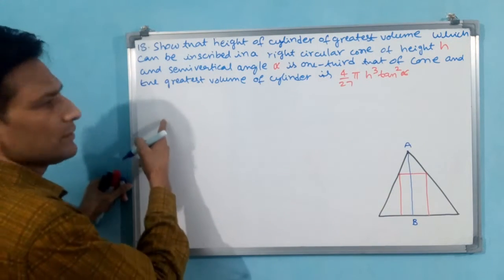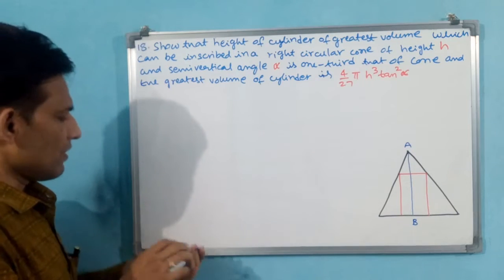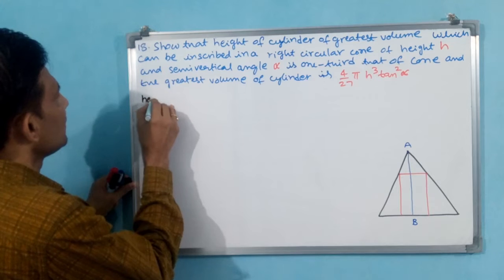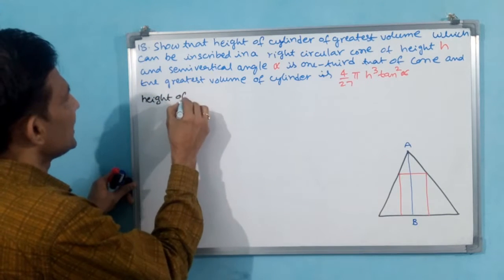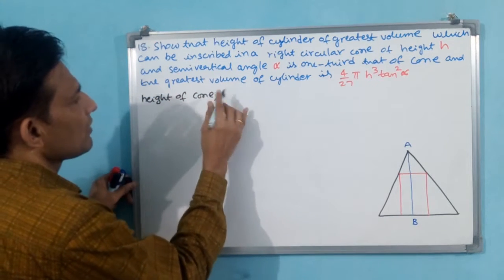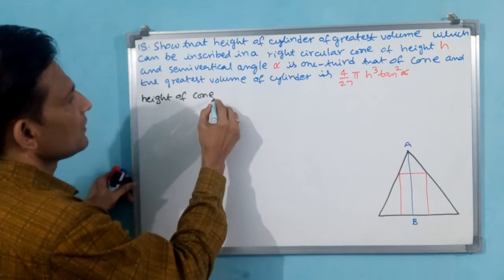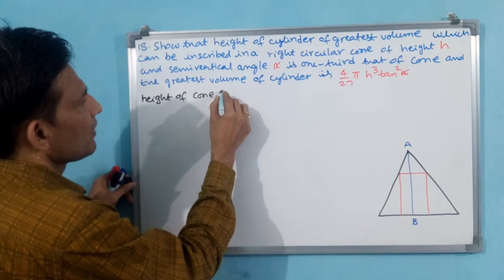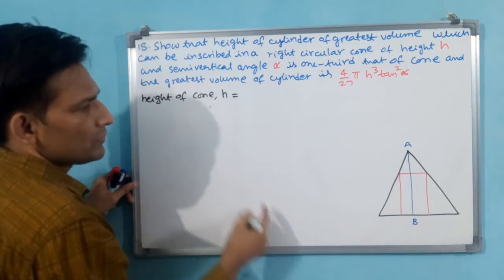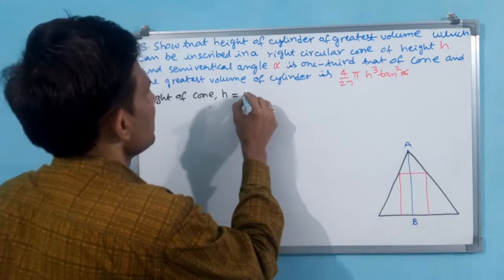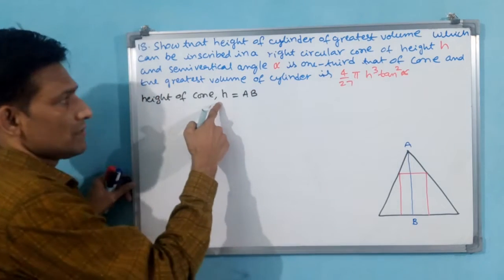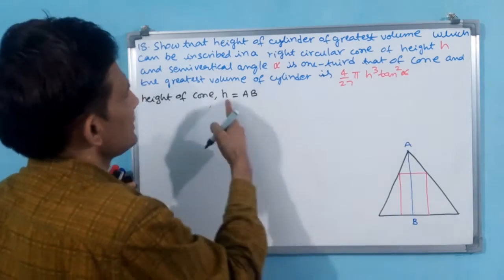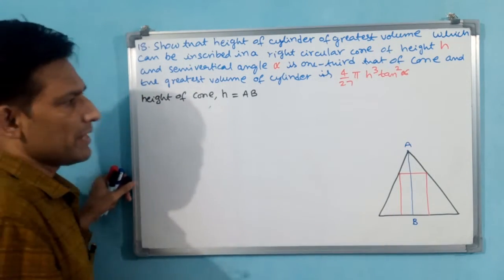I am writing here: height of cone, h is equal to AB. Small h is equal to AB. Keep that in mind.